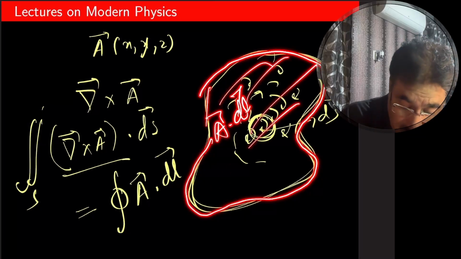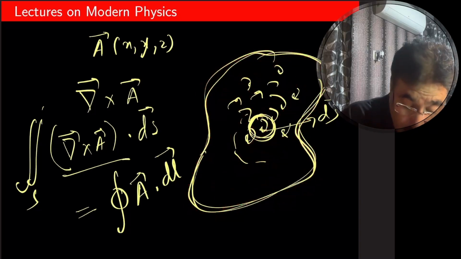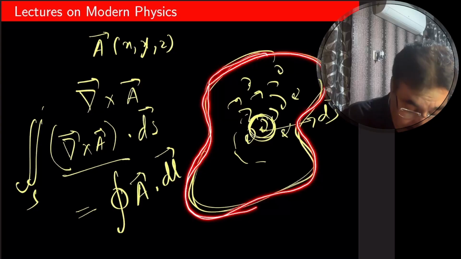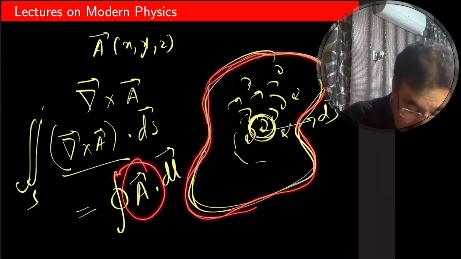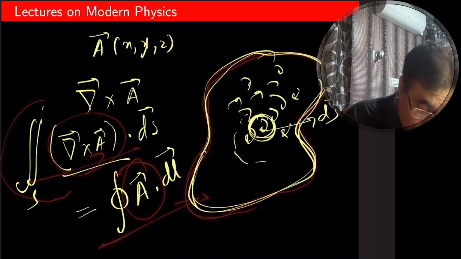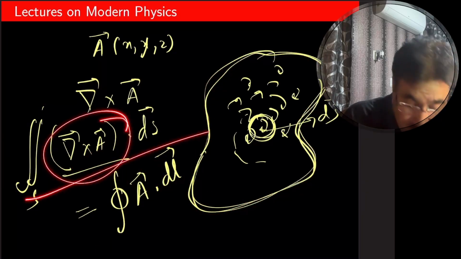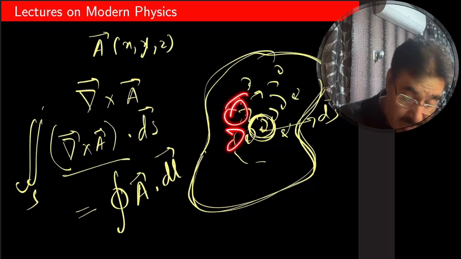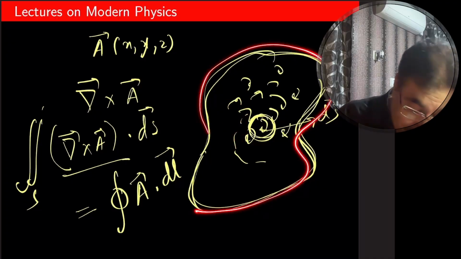What does this loop enclose? It encloses the whole surface. Whatever the surface is, it will have a perimeter. So you just go along this perimeter and integrate the field directly. The value you get will be equal to the surface integral of the curl of the same field. So it connects the local circulation to the global loop integral.